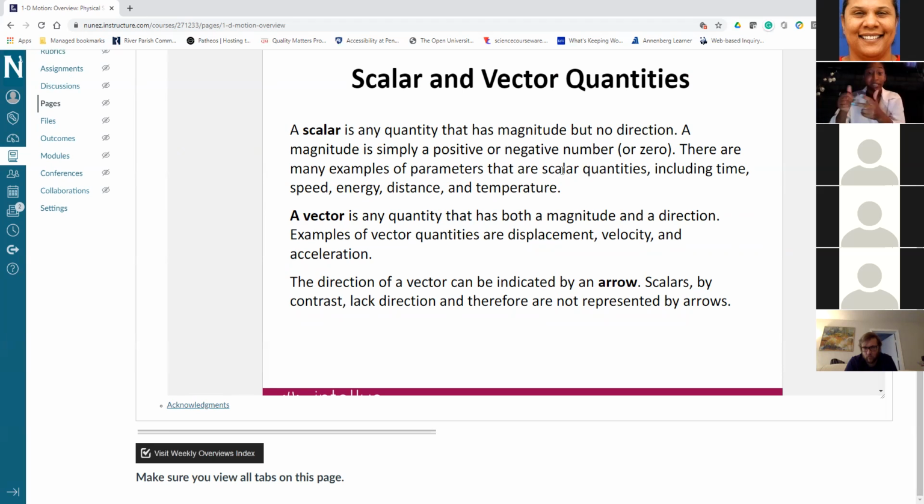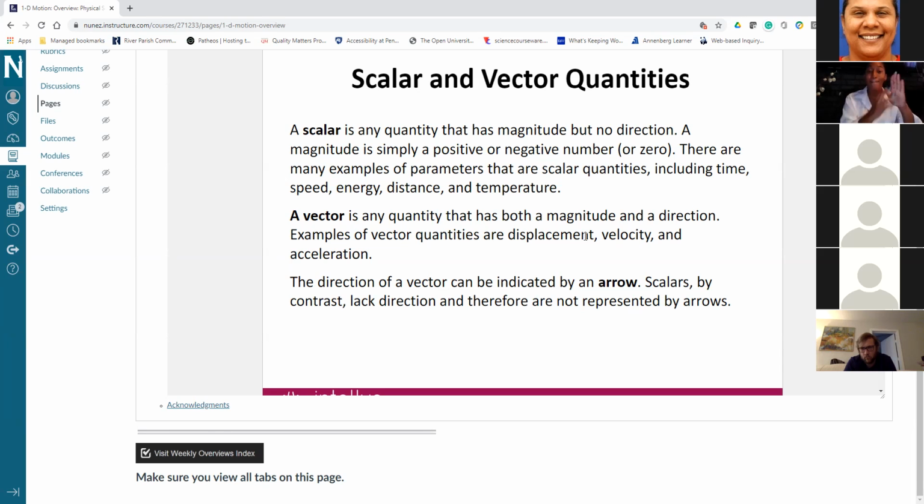A vector, on the other hand, is a quantity that has both magnitude and direction, size and direction. In other words, if you are going to measure a vector property, you must include a direction. Some examples of vector quantities are displacement. And we just saw the example where the displacement was minus 5 meters.